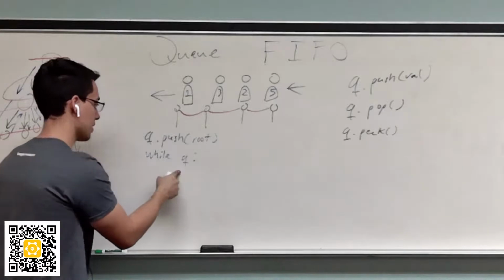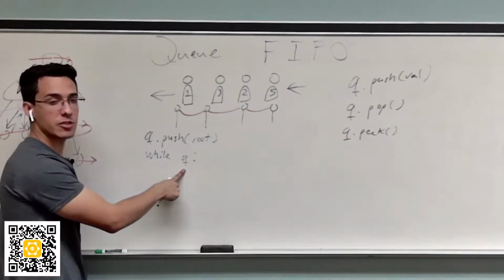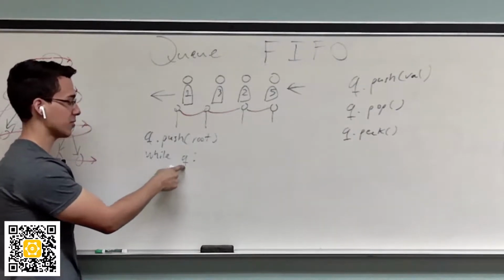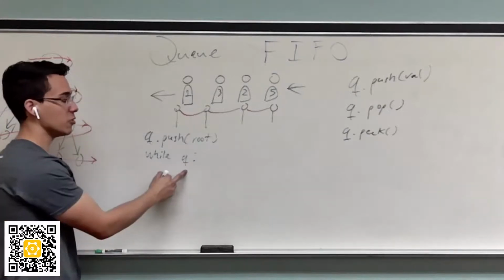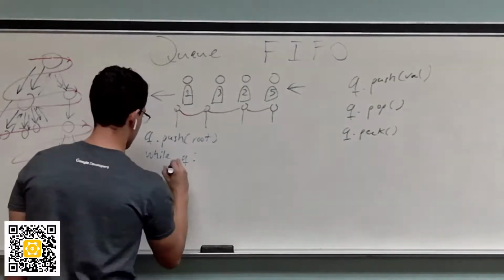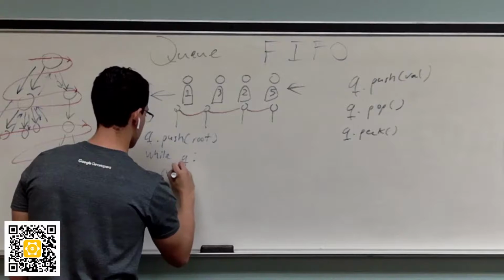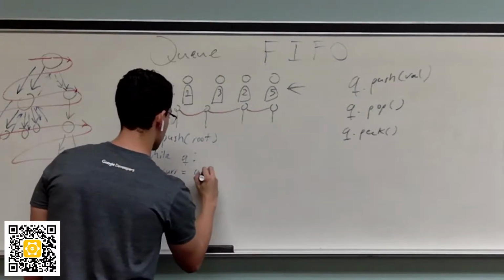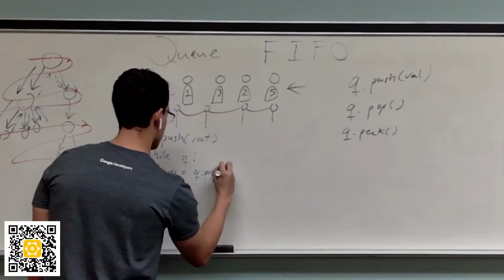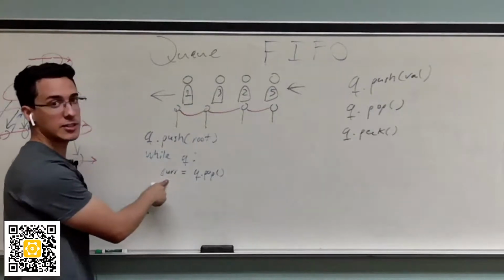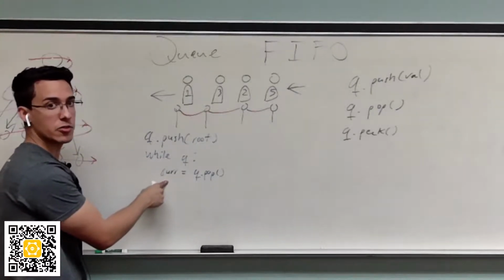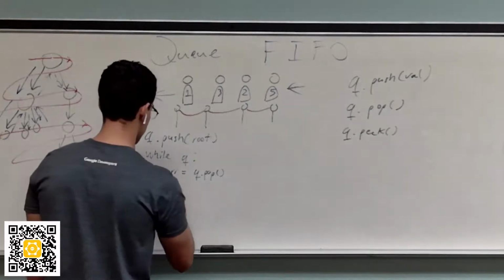This is Python notation, and if you don't know Python, this will be a little confusing. But while the queue is not empty, you put current node equals queue.pop, and then the current has a list of nodes that you iterate through.